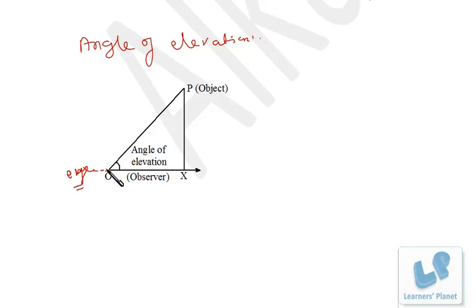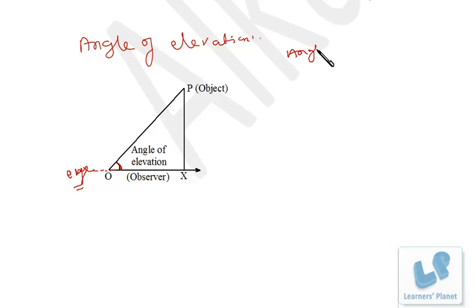If he is looking at this object, then this is the horizontal line, that is the eye line, and he is looking at this object. So this angle is the angle of elevation. Angle of elevation is the angle between the horizontal line and this slant line, right? When the observer is looking upward at an object, then the angle of elevation is formed.